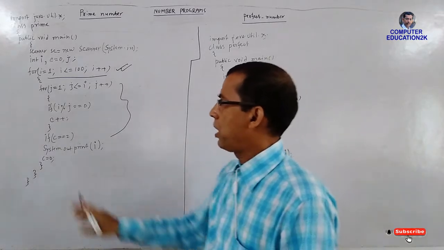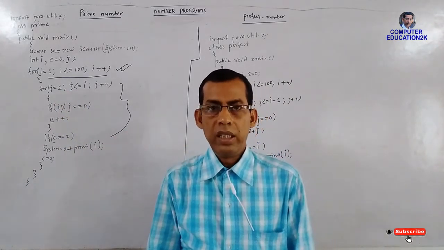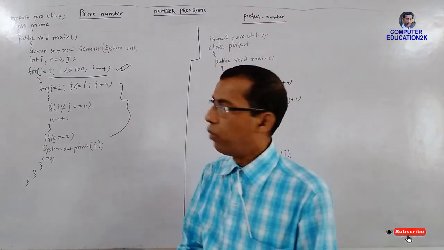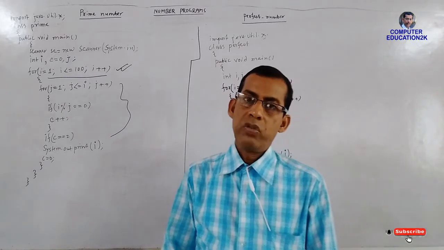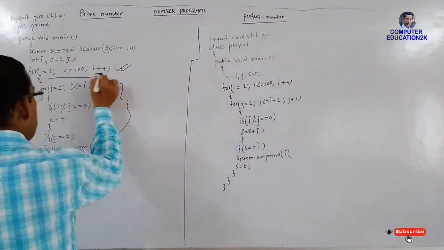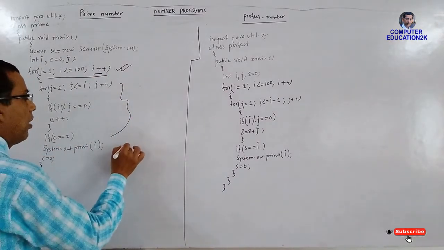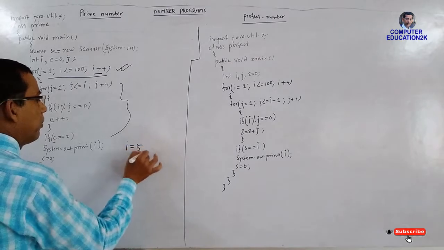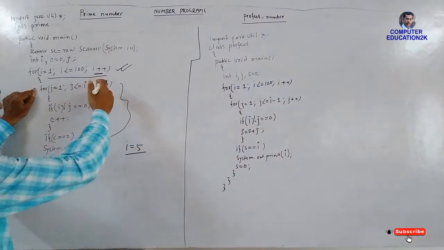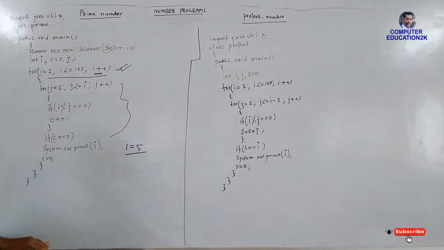Suppose the first time the value of i is 1, then 2, then 3, then 4, then 5, because i is continuously increasing with i plus plus. Now at the stage where the value of i is 5, I take that value of i and come down.